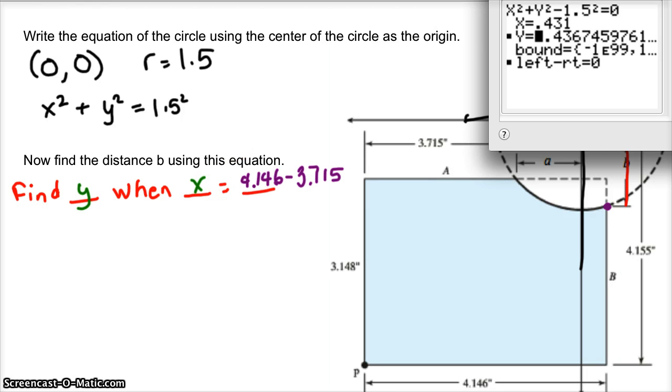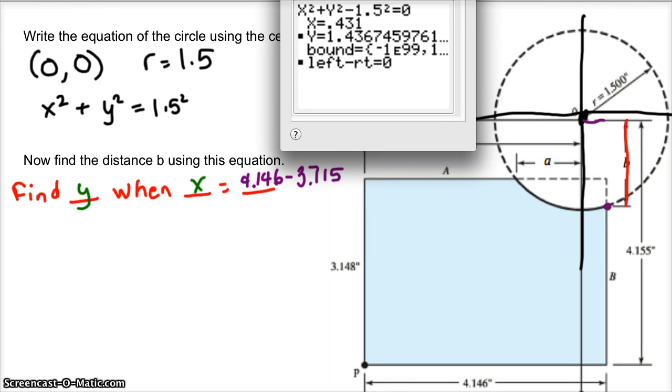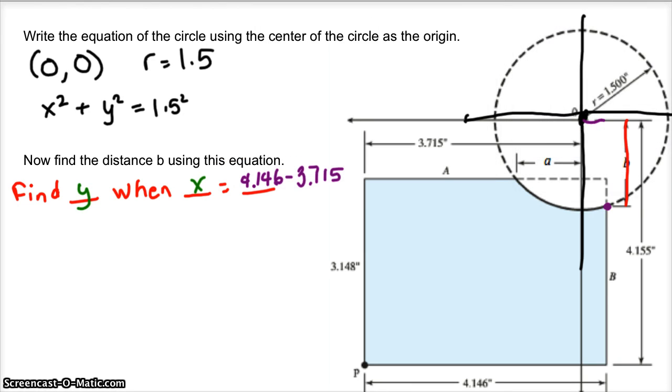Hang on, let me scoot this over so we can see my picture. I'll move it all the way out of the way. So what I found this time was, if x was 0.431, this point up here is the point that I found because my y came out to be positive. I really want this point, which, hopefully you realize this is symmetric, so it's going to be negative.